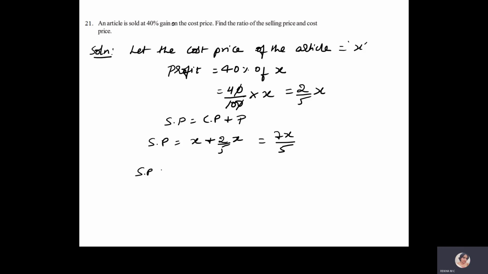So selling price is to cost price is equal to 7X divided by 5 divided by X. X cancels, so that is equal to 7 is to 5. So the ratio of the selling price and cost price is 7 is to 5.